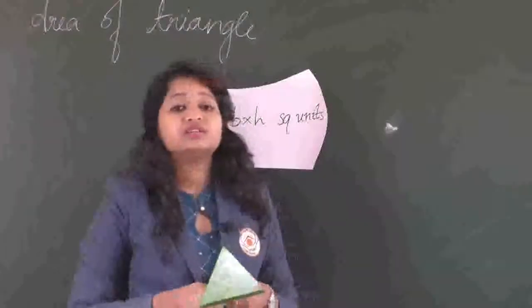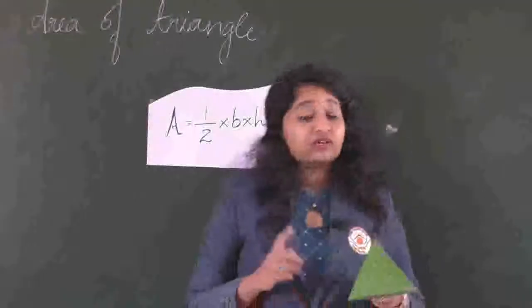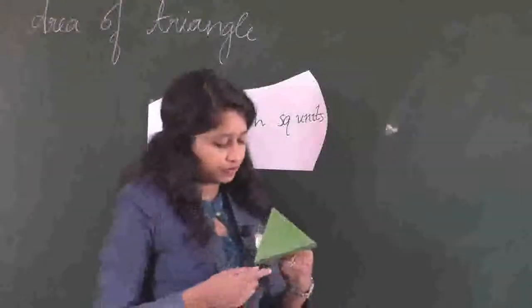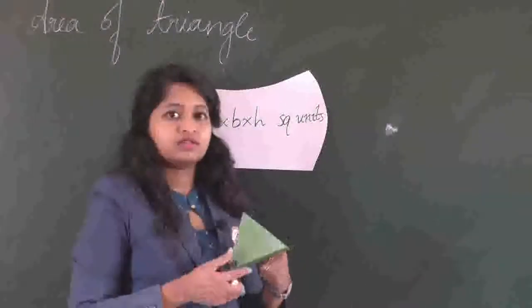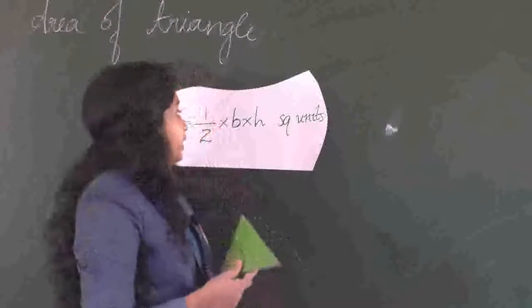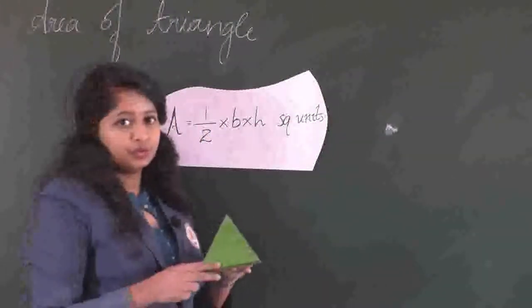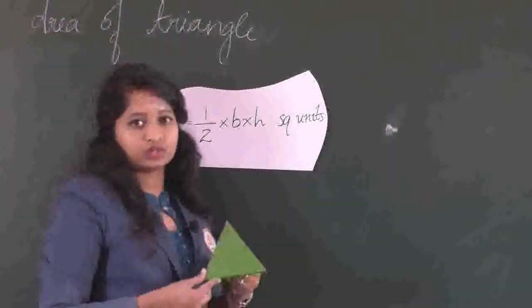So, we learned the area of rectangle, square and parallelogram. Now, let us see the area of a triangle. Okay. We know that a triangle has 3 sides, isn't it? The area of a triangle is half into base into height square units.